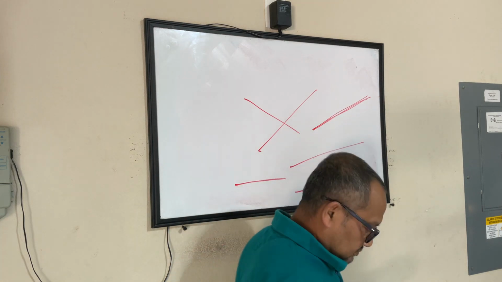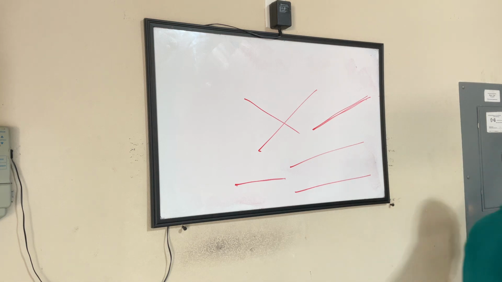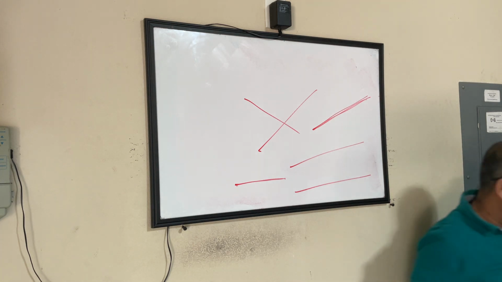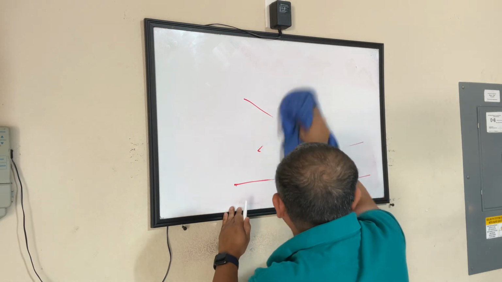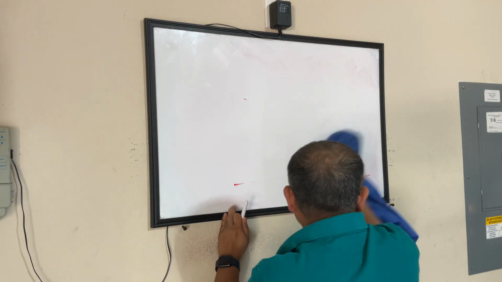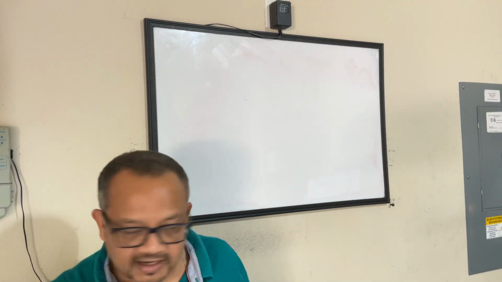Take that pack of markers. That was a mixture of blue and red. You have the bag of markers. It's a mixture of blue and red.